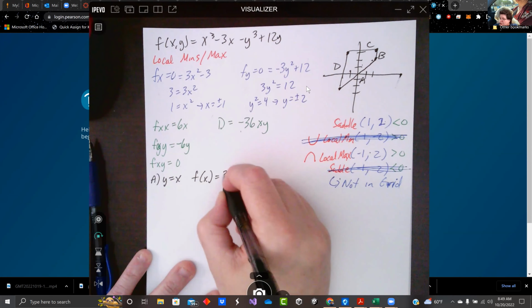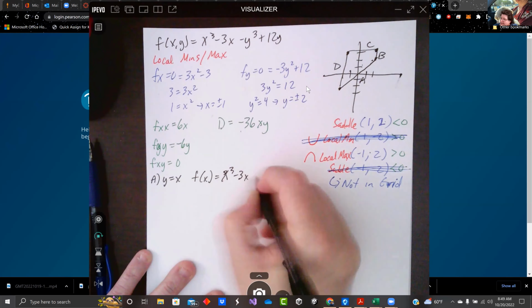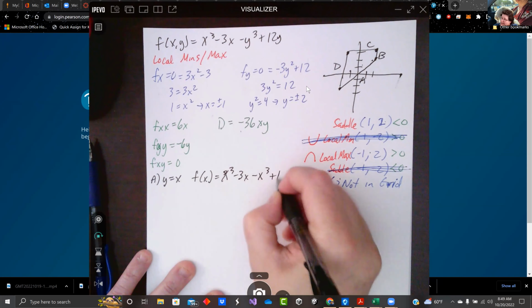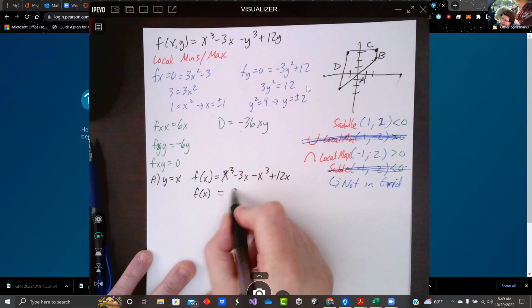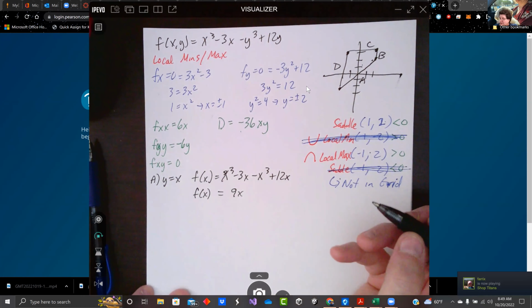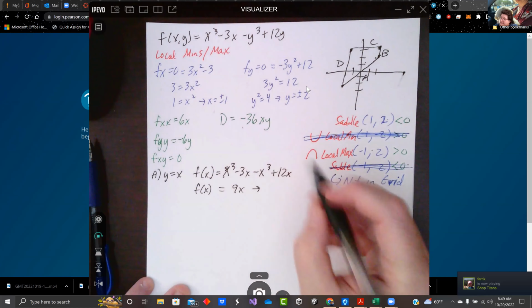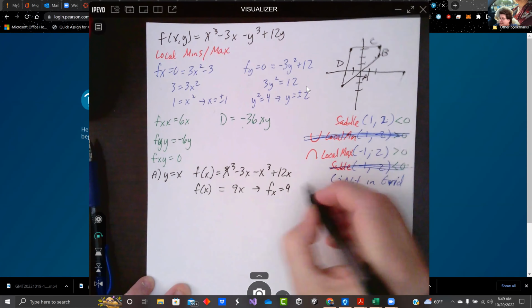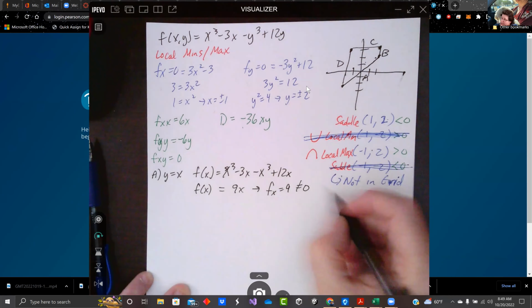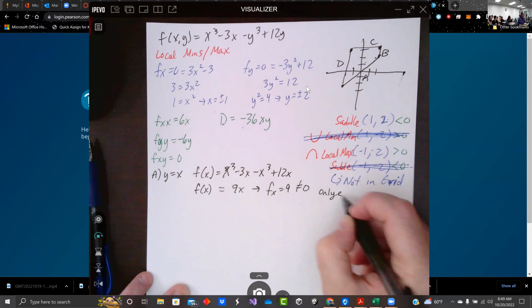I've got x cubed minus 3x minus x cubed plus 12x. So f of x is just 9x. And when we take the partial with respect to x, this is 9, which does not equal 0 anywhere, so only endpoints.